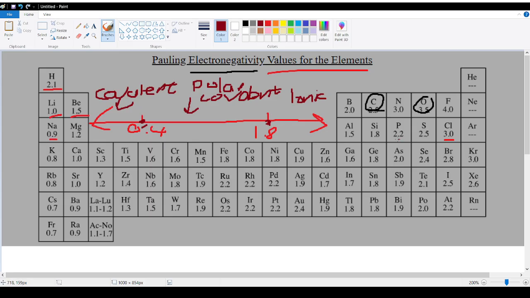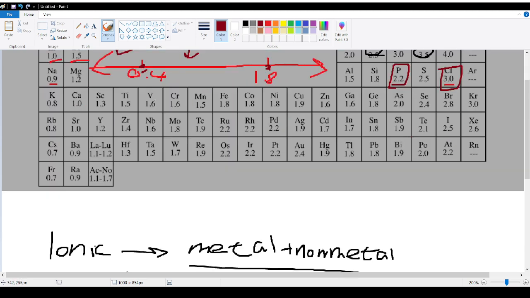So, what happens if I put phosphorus and chlorine? Now, most people would think, okay, so it's covalent because it's two nonmetals. And you're not necessarily wrong on that. But if you want to be more specific, let's find a positive subtraction, which is 3 minus 2.2 for phosphorus chloride.